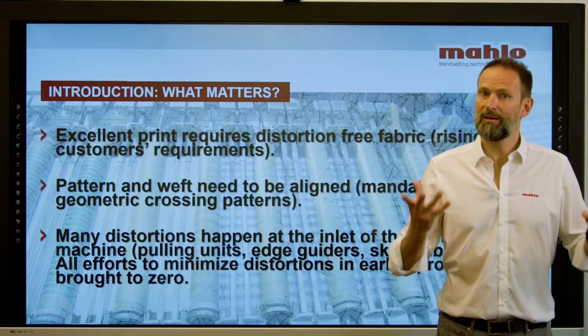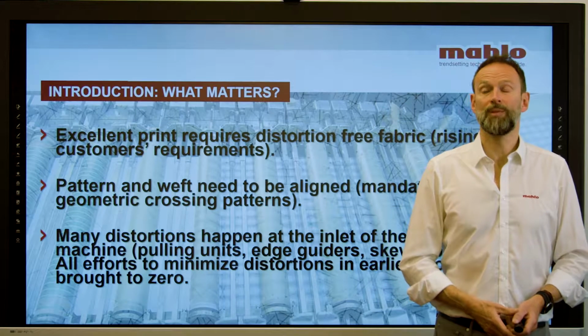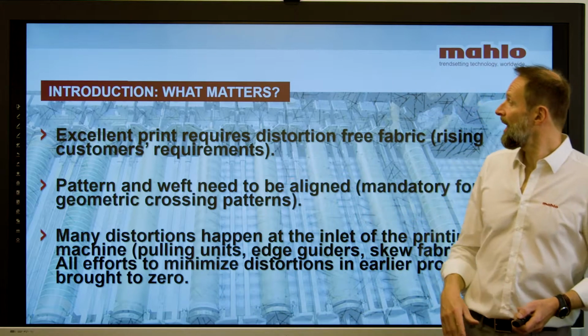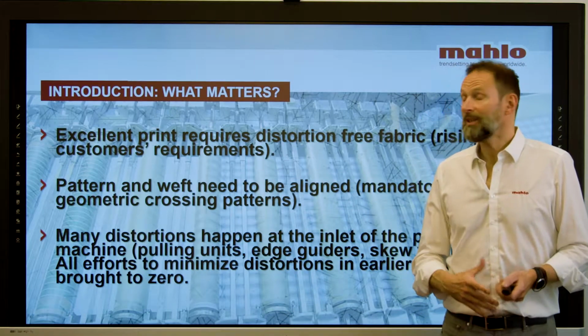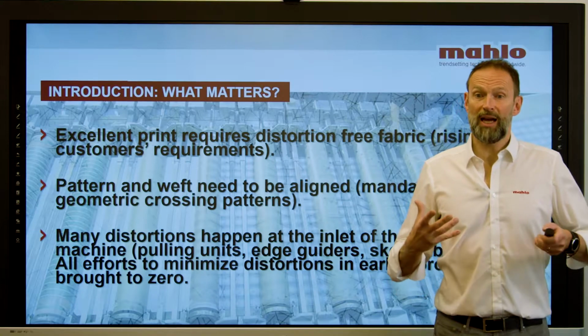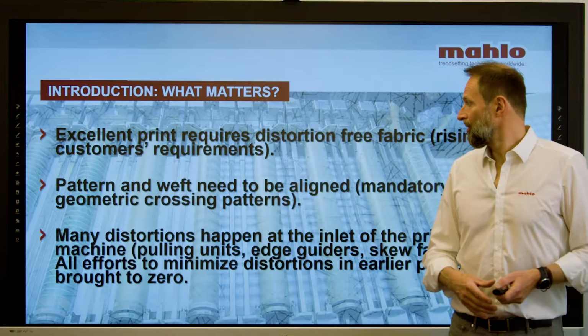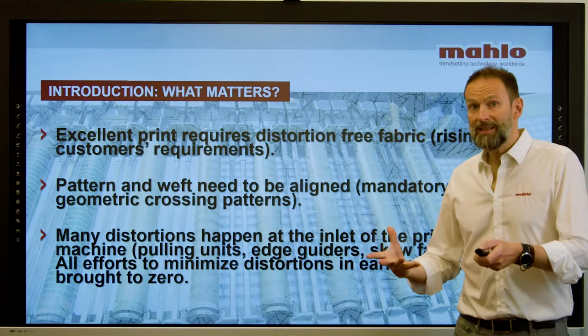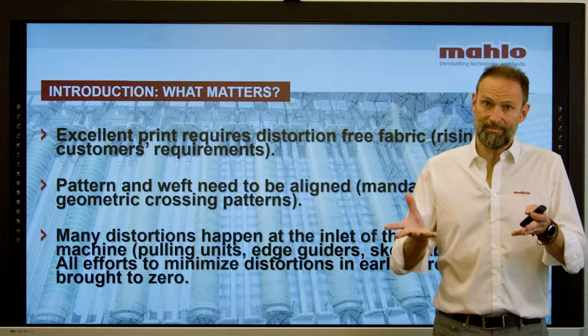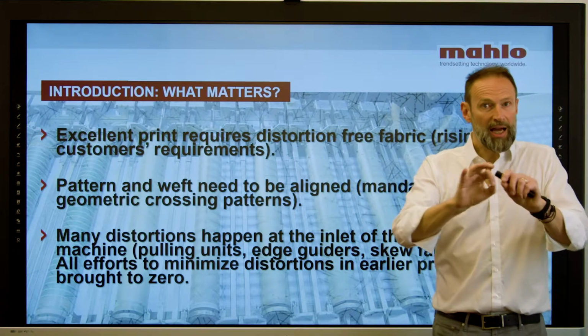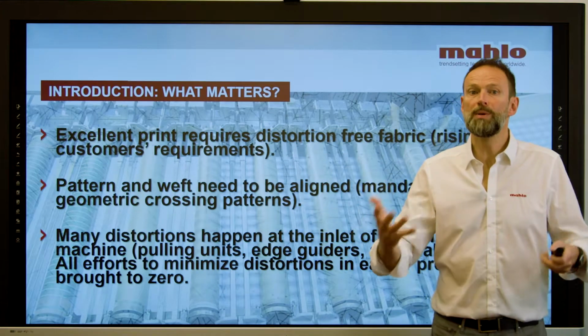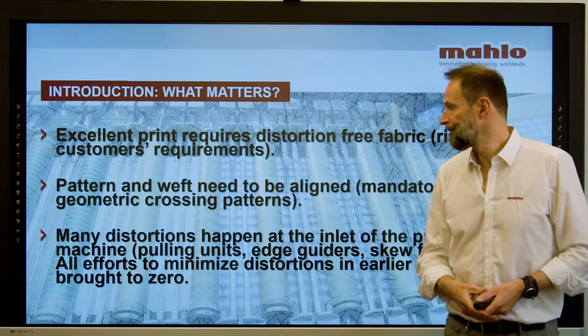Nobody wants that. Nobody accepts that. So if we want to have an excellent print, it requires that you have a distortion-free fabric first of all. And that means that your pattern, your design, and your weft have to be aligned to each other.